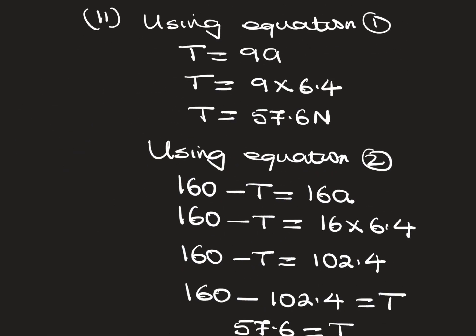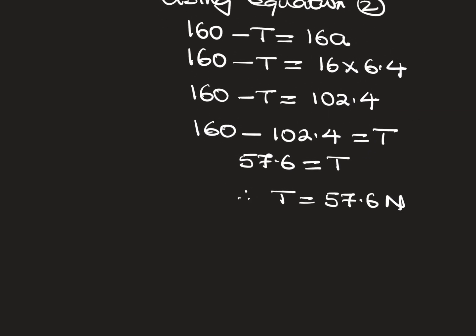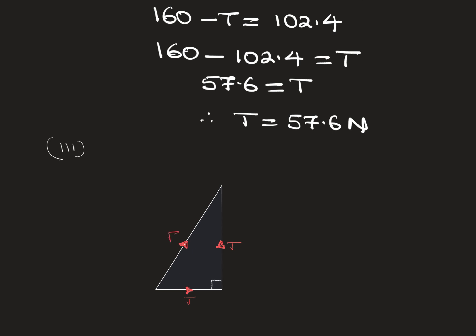When we take this triangle out, we will have our question 3, which is something like this, where we have the tension, we have tension here again, and we have F. Because it is a right angle triangle, to find F, we say F squared is equal to the sum of the squares of the other two sides, which is T squared plus T squared.